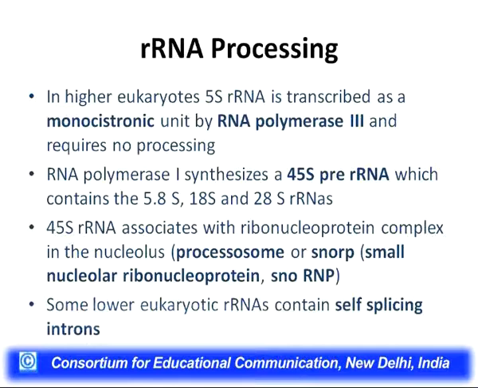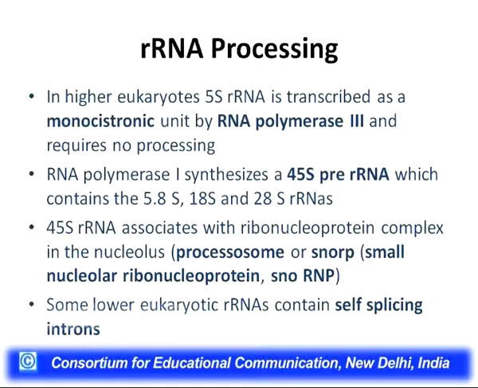Whereas, RNA polymerase 1 synthesizes the 45S pre-rRNA molecule, which contains the 3 rRNA species, that is 5.8S, 18S and 28S rRNAs.